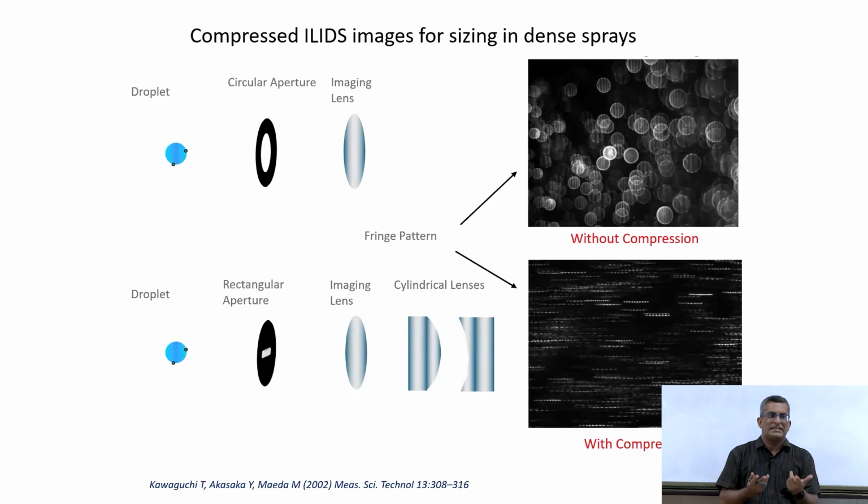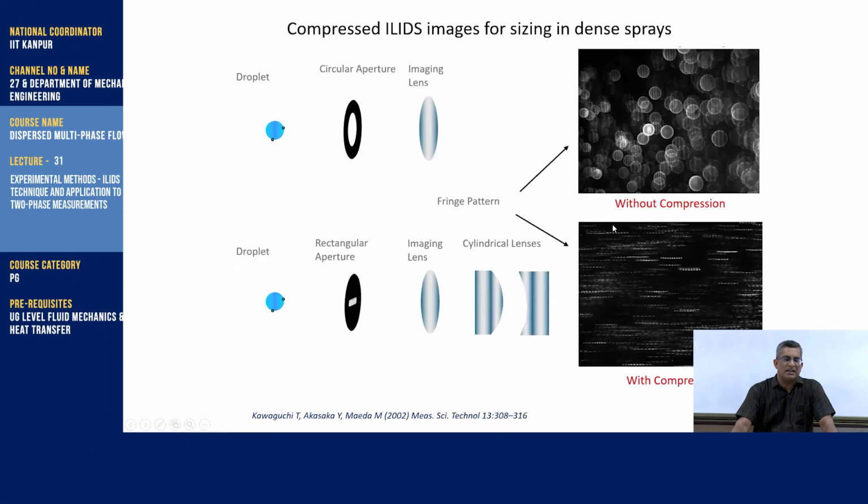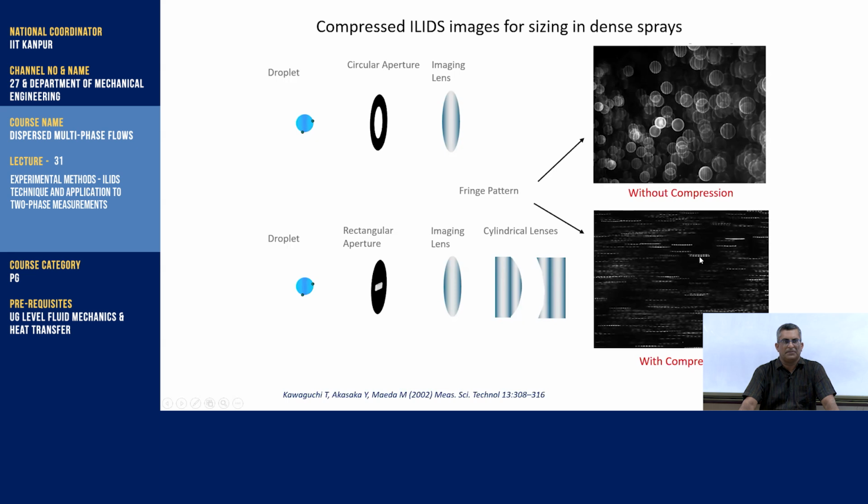Because as I said, the particle size does not depend on the shape and the size of the interferograms. So, they optically compressed each interferogram. That improved the number density limit up to which the technique can be applied significantly.